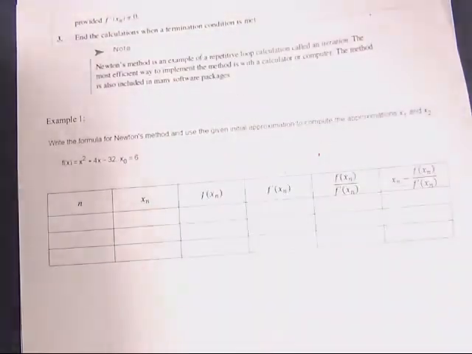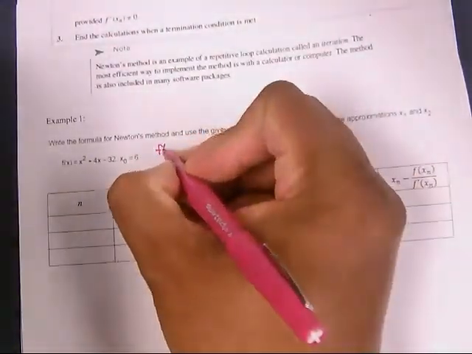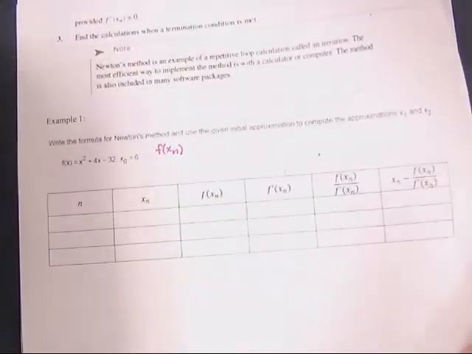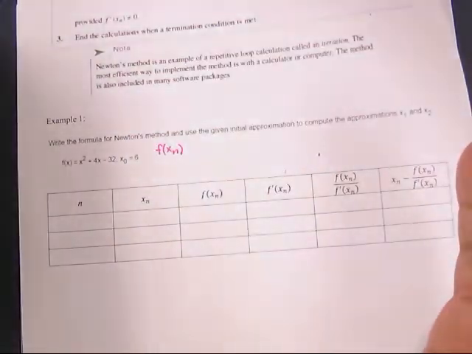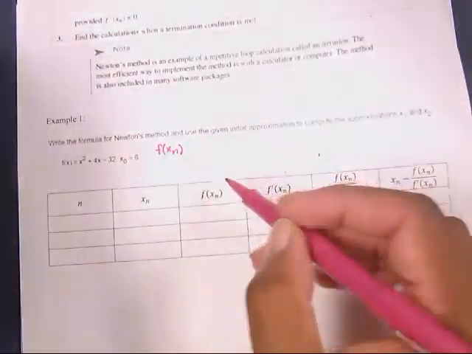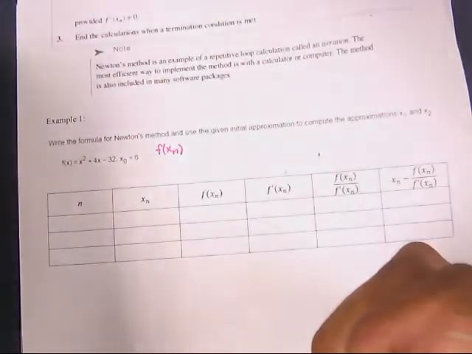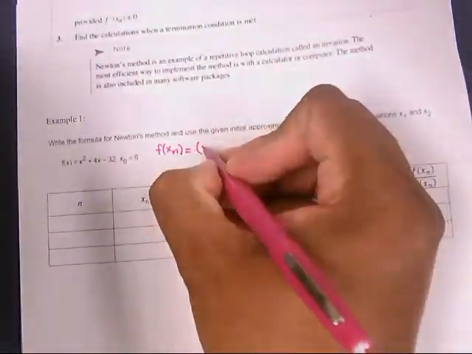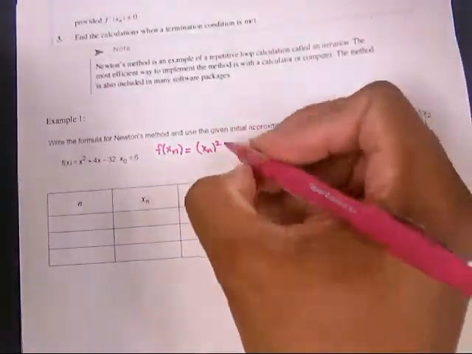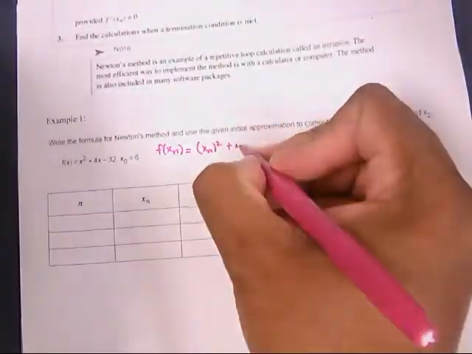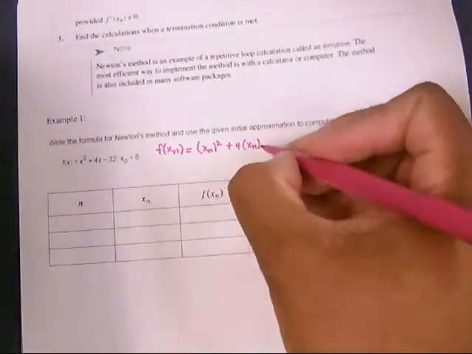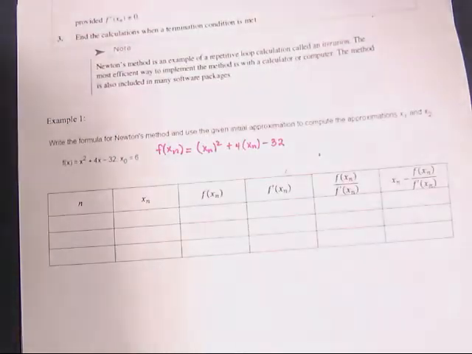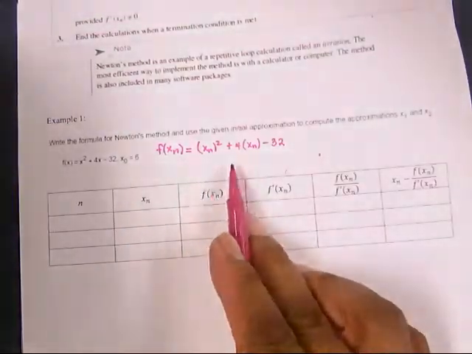Okay, first of all, let me write this in the form of f of x sub n, because in the homework, they're going to want you to choose the formula for Newton's method using f of x sub n. So if I replace each x with x sub n, this is what I will have: x sub n squared plus 4 times x sub n minus 32. That's what f of x sub n is going to be.